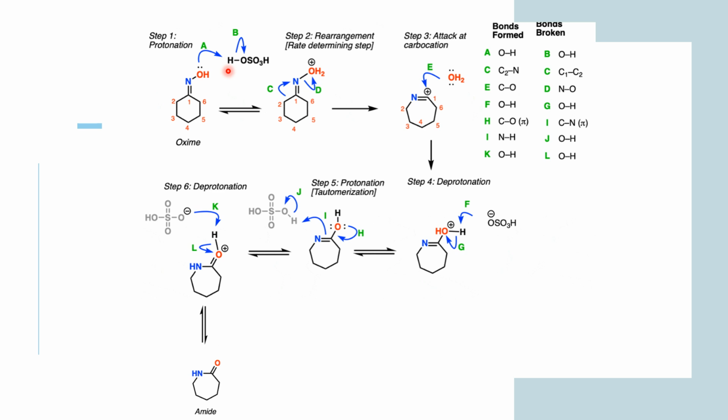So this oxime is going to take up a proton to give us this oxonium intermediate. And this is the rate-determining step because the rearrangement is going to happen after formation of this oxonium ion. The alkyl chain, which is trans to the oxonium, is going to shift to the nitrogen atom.